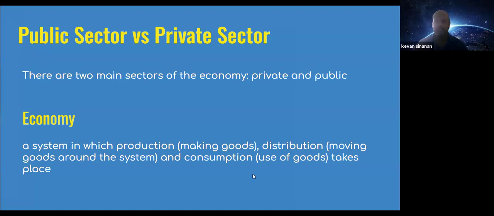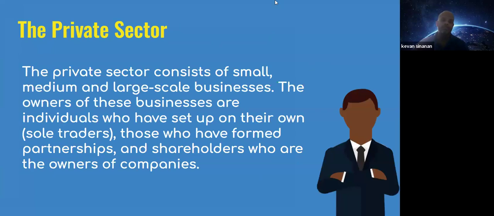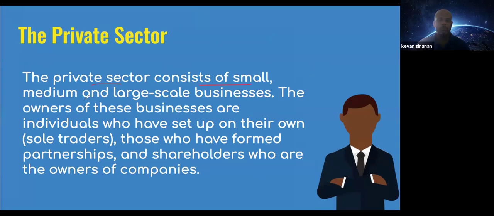Okay, now I'm moving forward, right? So for the private sector, we're just going to talk about it for a little while. The private sector consists of small, medium, and large scale businesses. So in other words, all types of businesses.